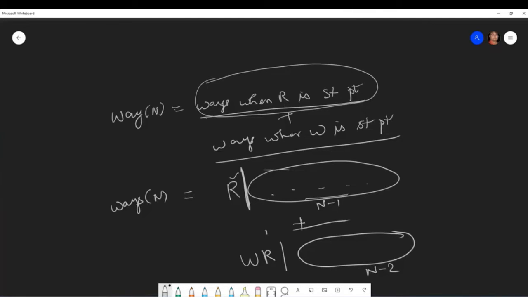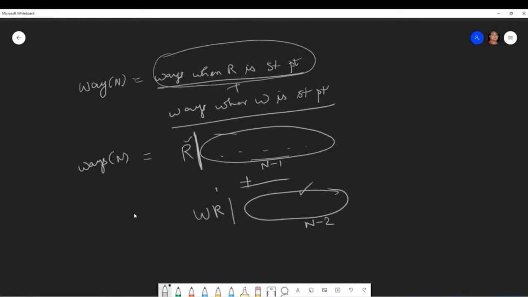Now, after you have put R here, can you fill anything in the remaining n minus 2 places? Again, it's a smaller version of the same problem. You have to fill n minus 2 places with white and red roses such that no two white roses come together.